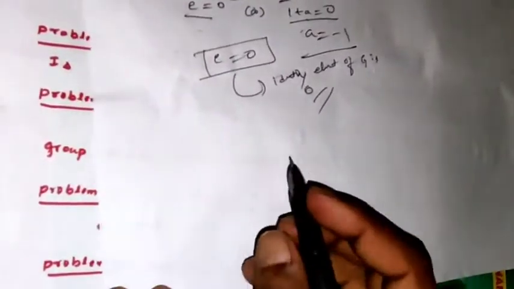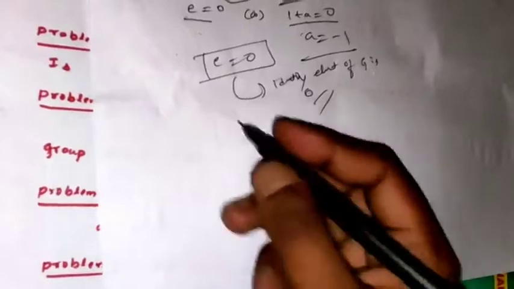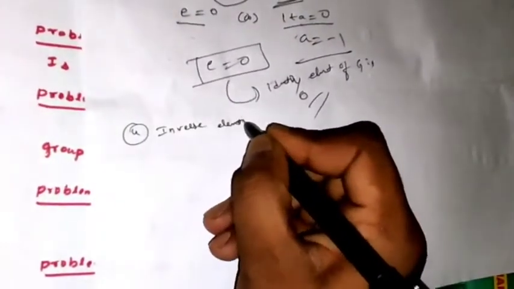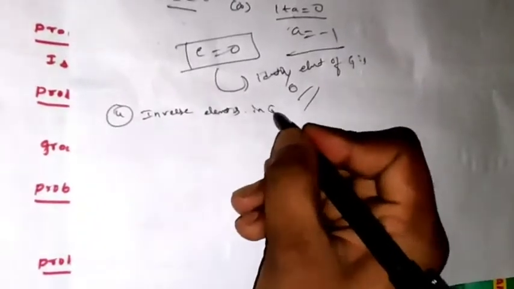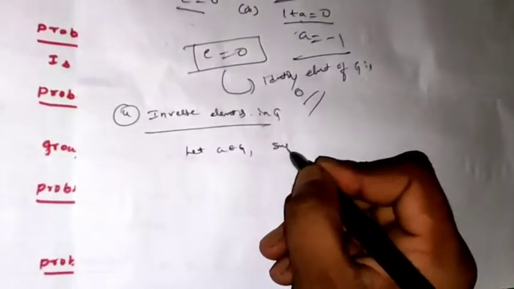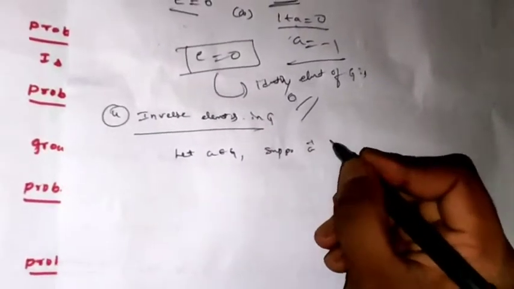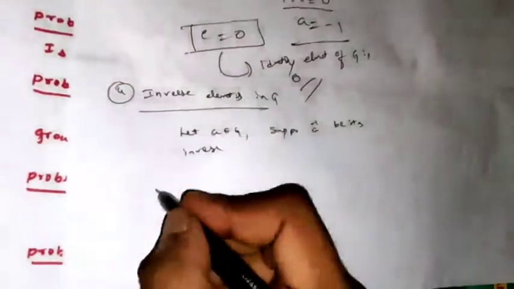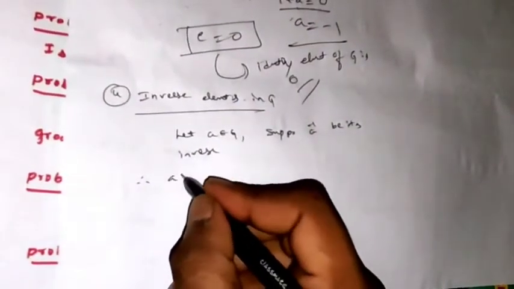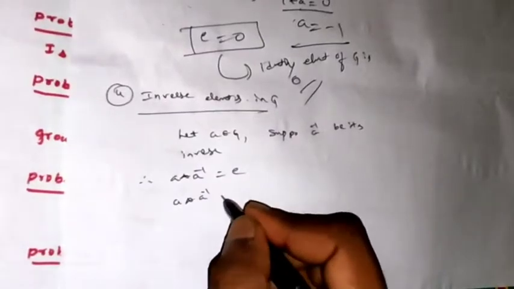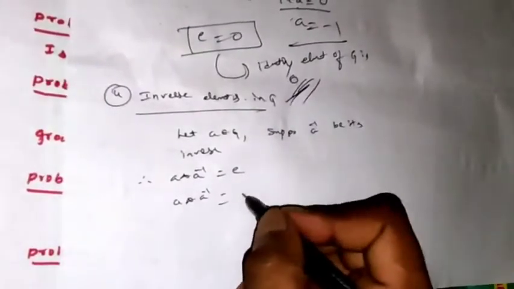Then we have to find the inverse element. The fourth point is the inverse element in G. Let a belong to G. Suppose a inverse is its inverse. We know the condition for inverse: a star a inverse is equal to e, and here the identity element is 0.